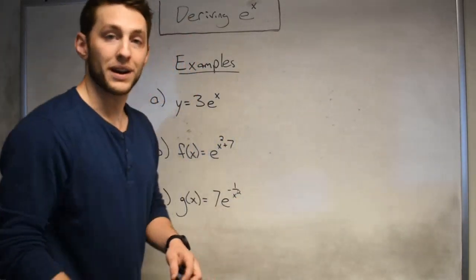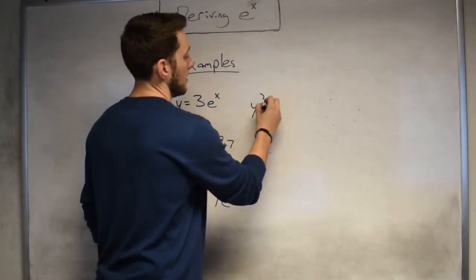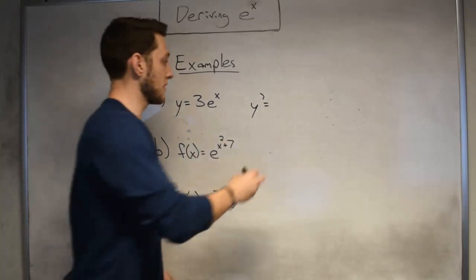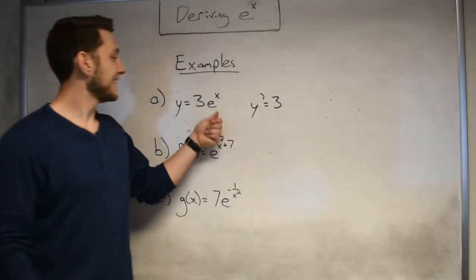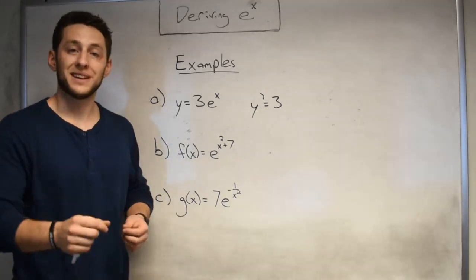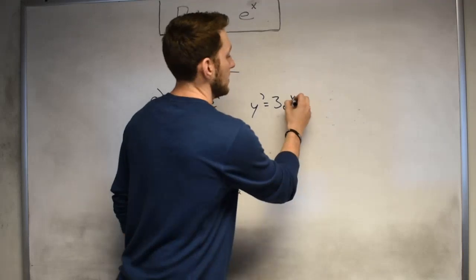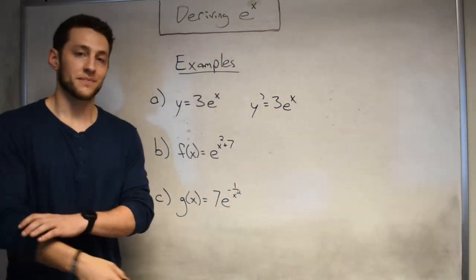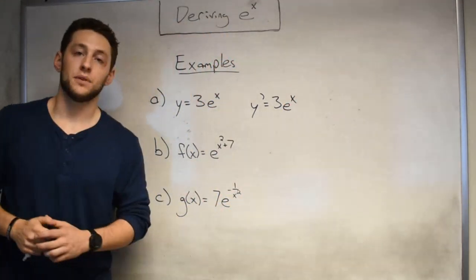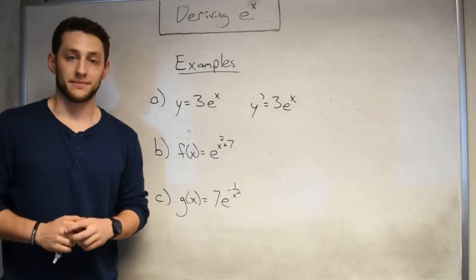So therefore, when I derive y equals 3 times e to the x, the constant stays, so I just copy that, and then I derive e to the x. But wait, the derivative of e to the x is just itself, giving me y prime equals 3 times e to the x.